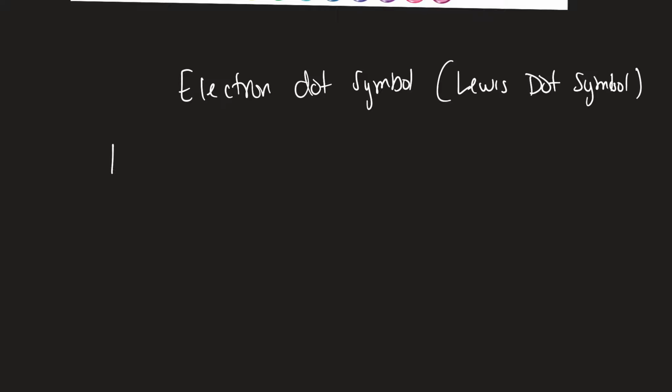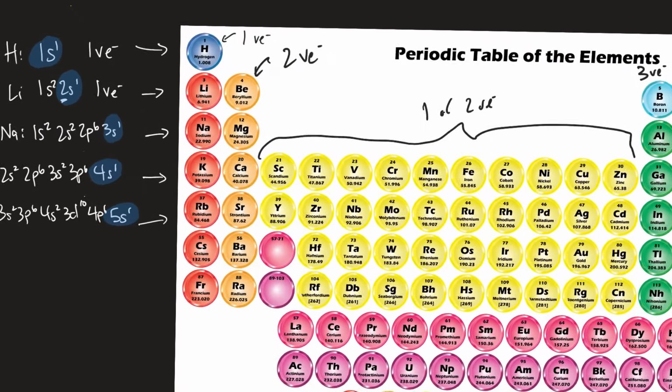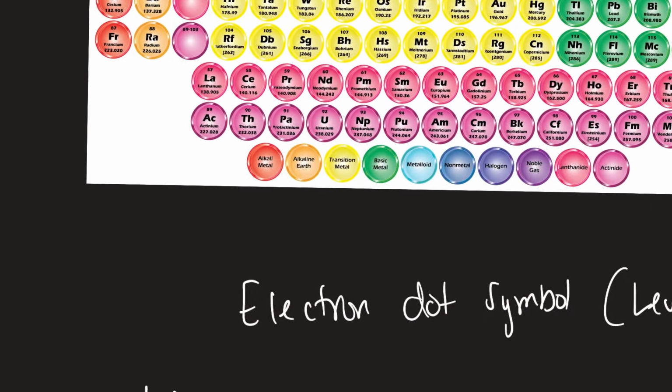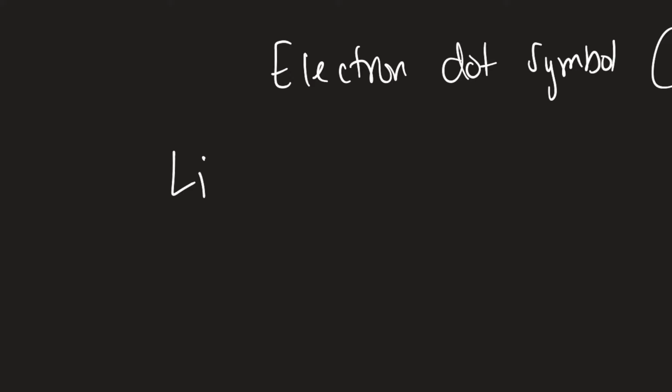So lithium. Let's look at this periodic table here. Lithium is here, and we see that lithium has one valence electron. So the Lewis dot symbol of lithium, or electron dot symbol of lithium, is that you take lithium and draw one dot.